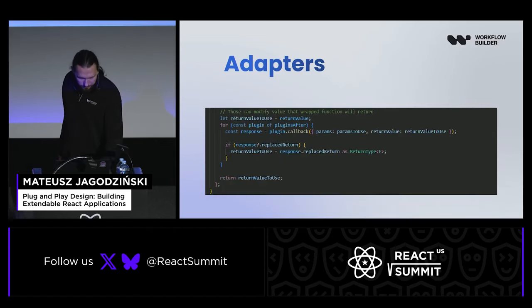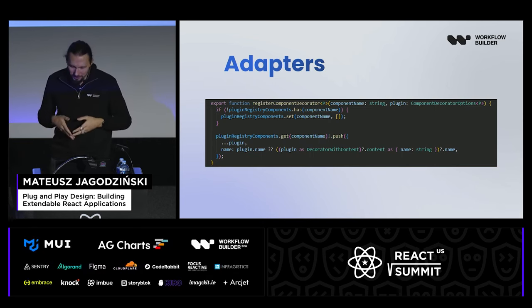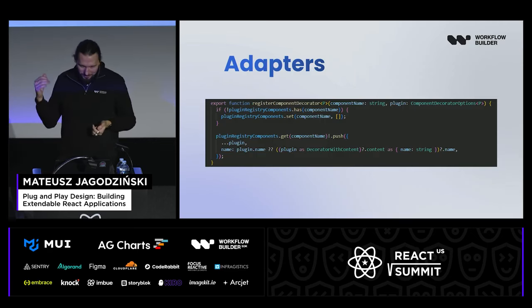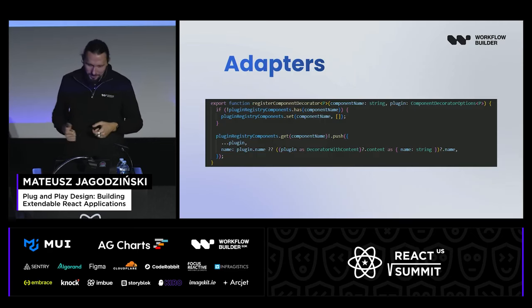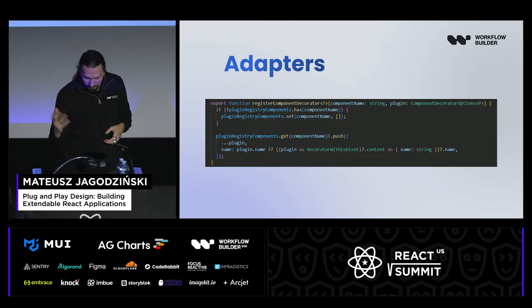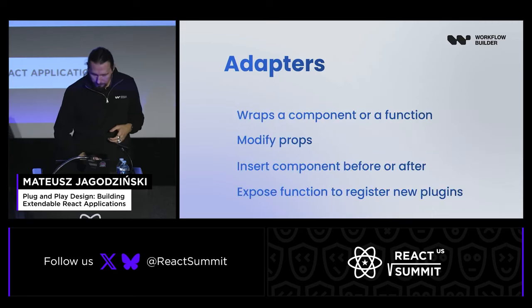Here's just the continuation of that code. The next thing we need within the adapter logic is to expose a function to register these new plugins within the app. This is just a set that has all those plugins that apply to separate components. I will show in a second how this is being used.